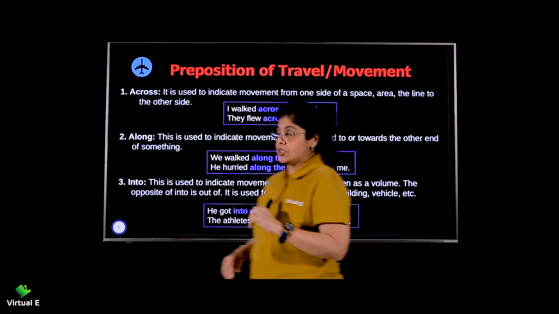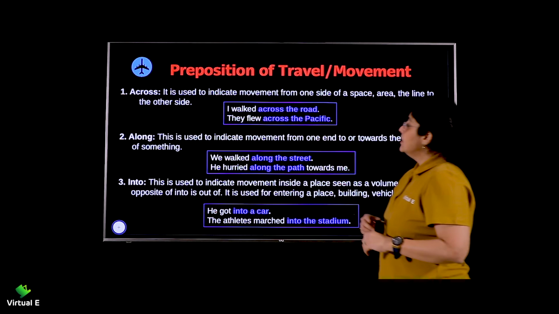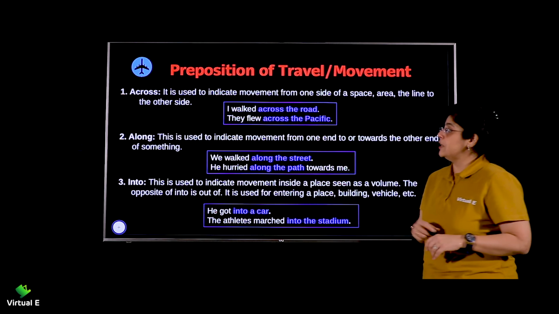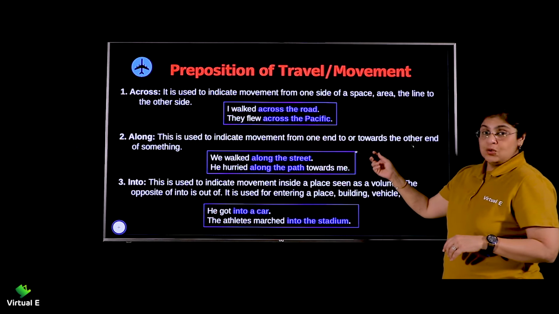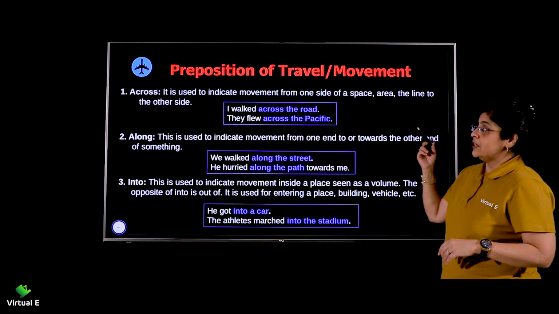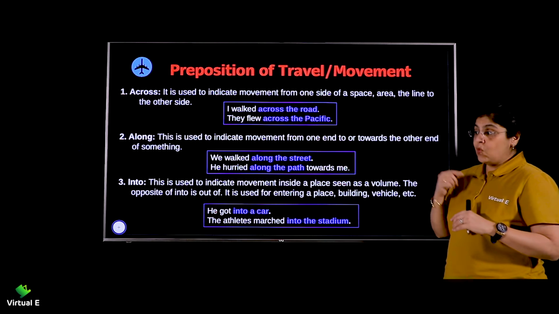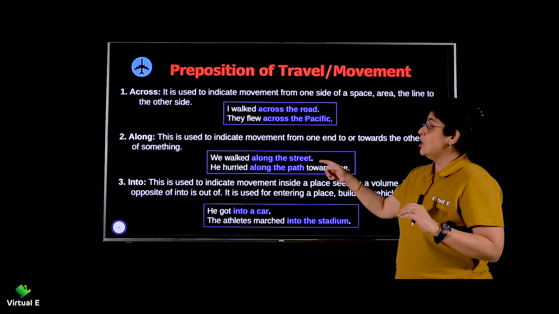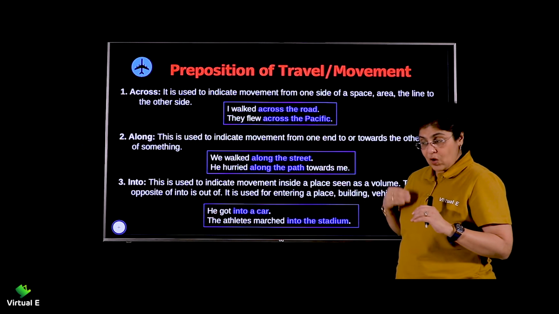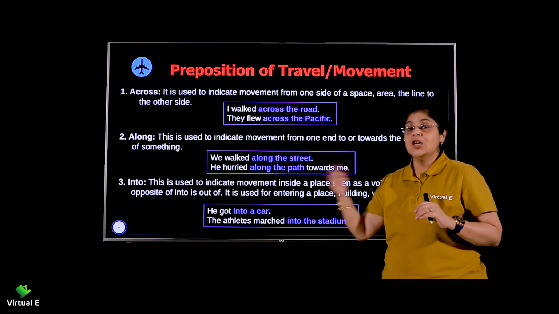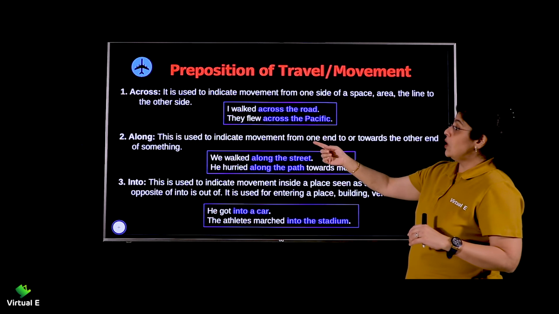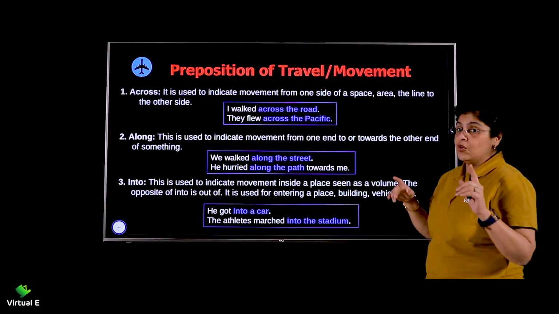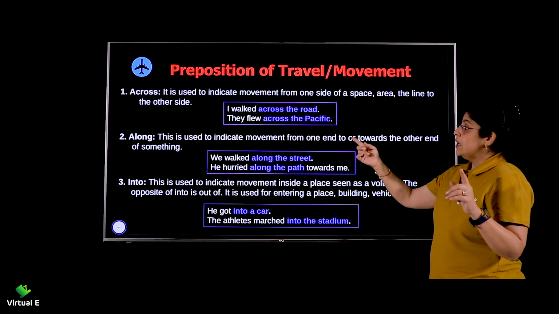Along is used to indicate movement from one end to or towards the other end of something. We walked along the street. From one end you started and you went to the other side. See, it is indicating movement. That's important, right?